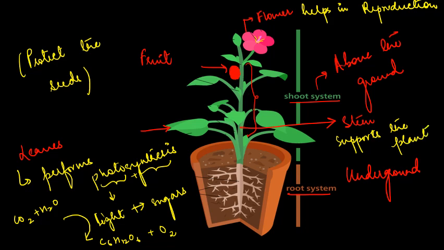Next, these we call roots. What is the function of roots? It absorbs water. So I am starting from the very basics of plant physiology, right? I have explained the different parts and their functions, right?